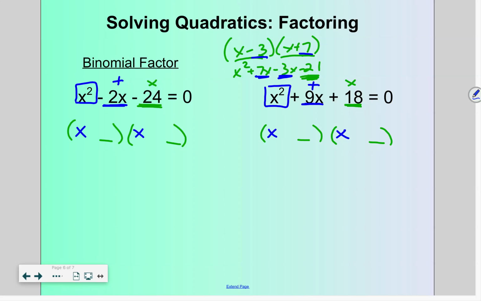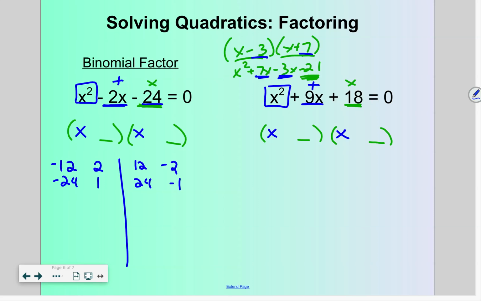So what are the two numbers that multiply to negative 24 and add to negative 2? Well, we can make a list of those numbers that multiply to negative 24. For example, 12 and negative 2, or negative 12 and 2. What about negative 24 and 1, 24 and negative 1?